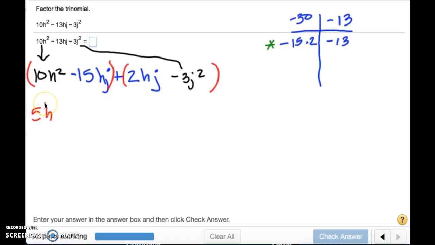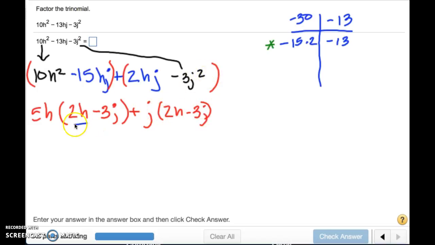So 5h, then my parentheses, that leaves me 2h, and then when I factor out of here, I get minus 3j. And the other set, they both have just a j in common. So when I factor out the j, I get 2h minus 3j, because there's a squared here and I only factored out 1.